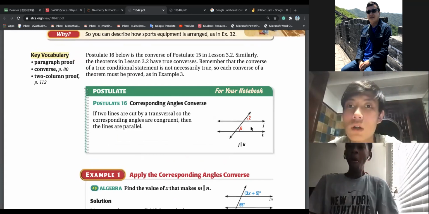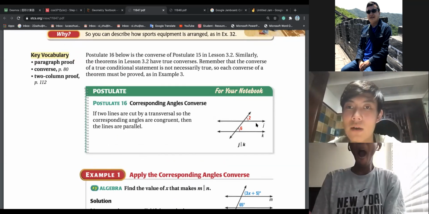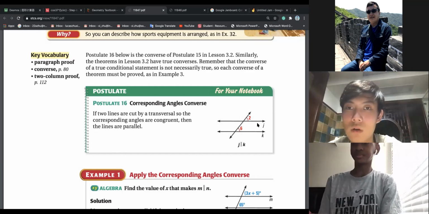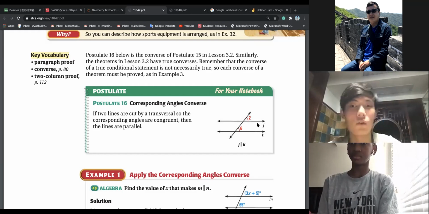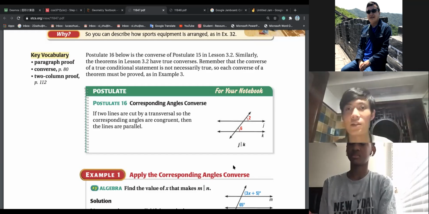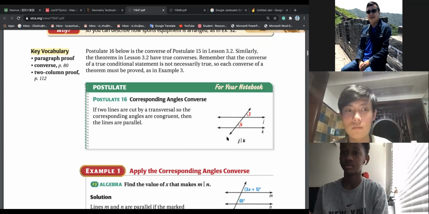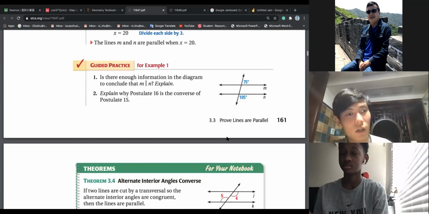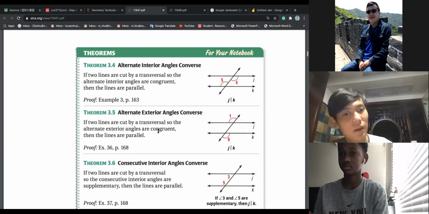So we know that the lines have to be parallel, because if the lines are parallel, the angles are congruent. If the angles are congruent, the lines are parallel. It's just that simple, right? Yeah. So here, it's the same thing, but they're just converses.